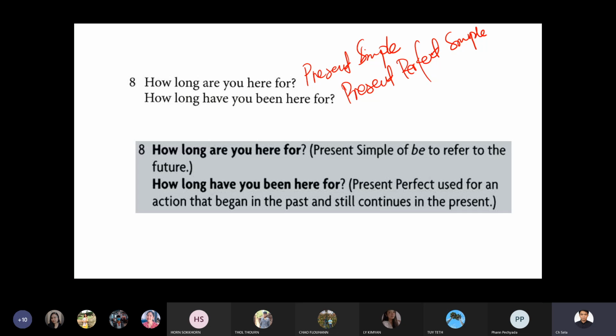And how long have you been here for? Present perfect simple, used for one action that began in the past and still continues in the present, right? The first one is not about the past, it talks about the future. And the second one is from the past up to now. Okay, so these are the answers to the exercises.